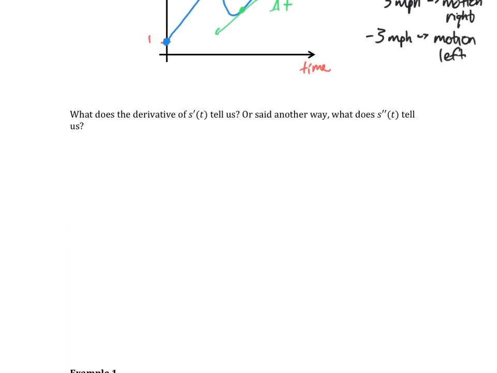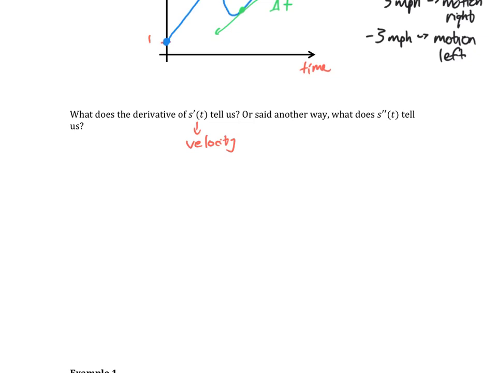So the question I have here at the bottom is, what does the derivative of s prime tell us? Again, we know s prime to be velocity. We've just discussed that. S prime is velocity. What would s double prime tell us?